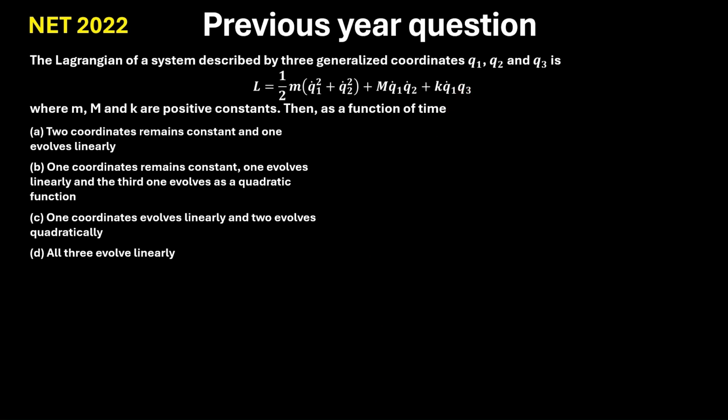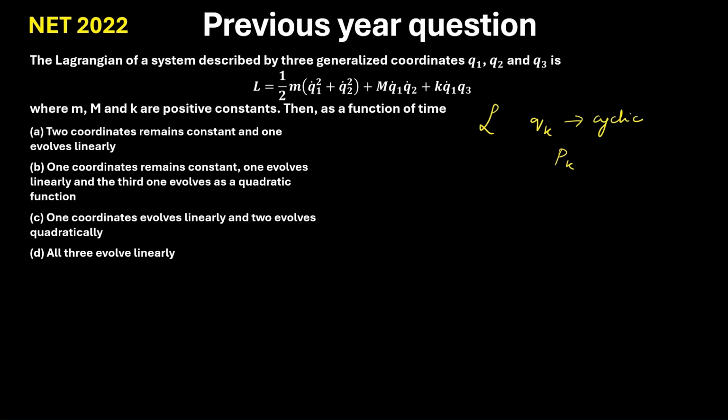So if in the Lagrangian Qk is absent, not Q dot k, but Qk is absent, then we say it is cyclic. Whenever it is cyclic, the corresponding generalized momentum will be a constant of motion. That means the derivative of this p will be 0.